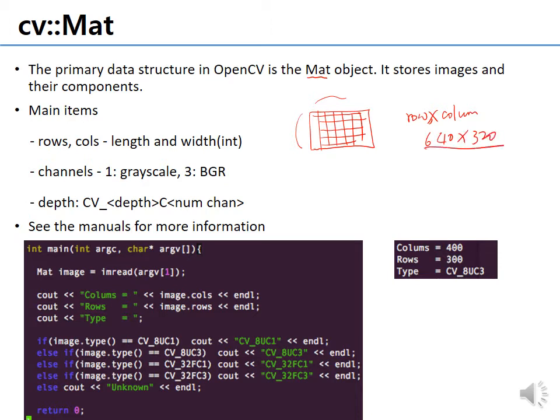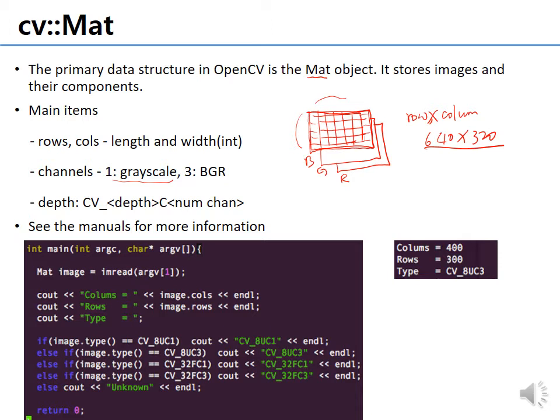For example, and the channel: channel 1 is grayscale, channel 3 is BGR color. So in order to express a grayscale image, we can have only one image data, but if we use BGR, we should have 3 channels that contain blue, green, red images.